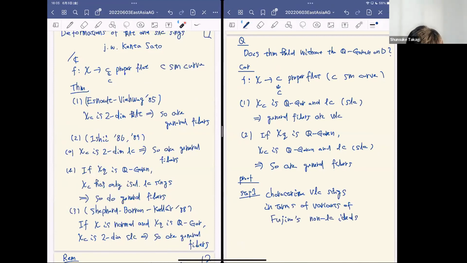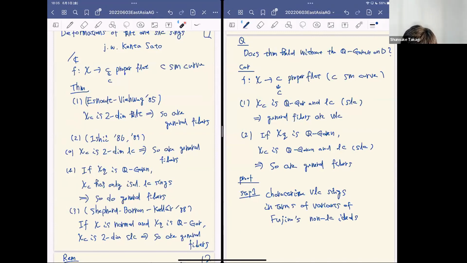Fujino introduced the notion of non-LC ideals, which define the non-LC locus, and he developed a theory similar to the theory of multiplier ideals.